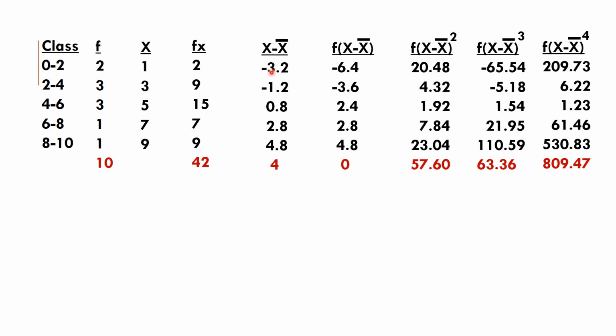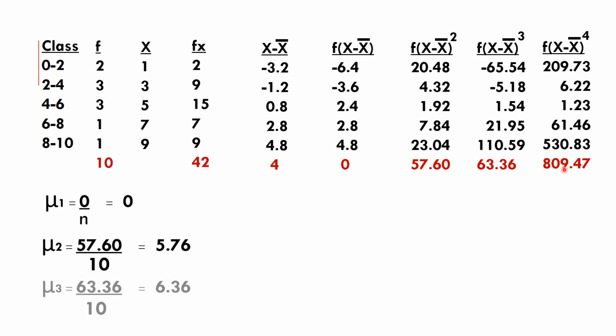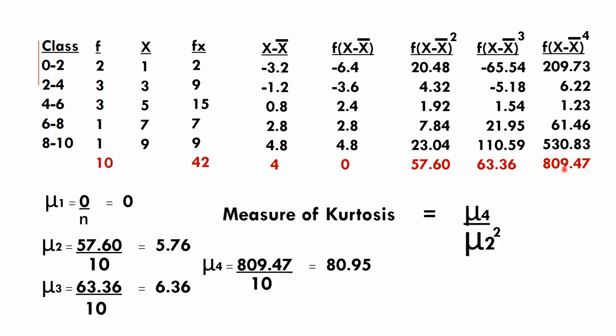So these values are taken 4 times multiplied and then multiply it with the frequency to get this column. And then we have to find the mu1, mu2, mu3 and mu4 according to the formula we have already discussed. Then apply in the formula beta 2 is equal to mu4 divided by mu2 square.